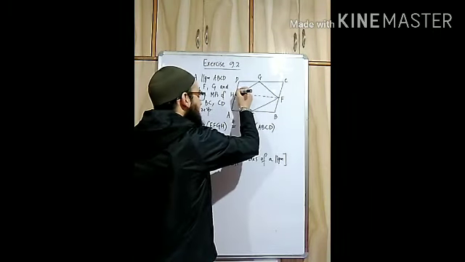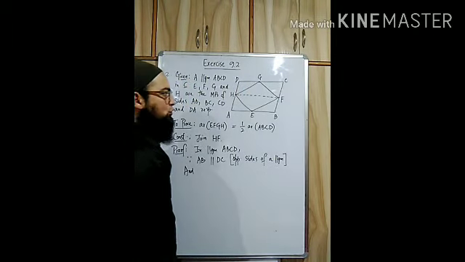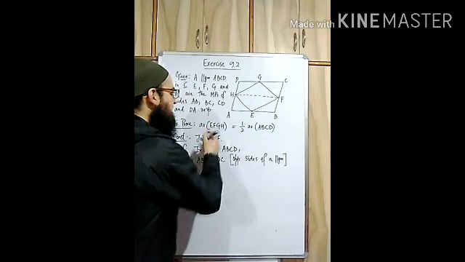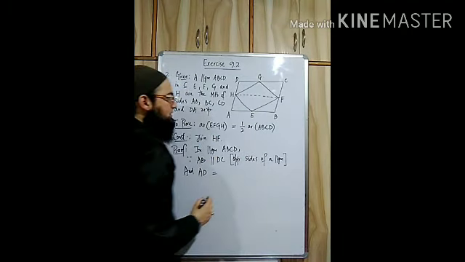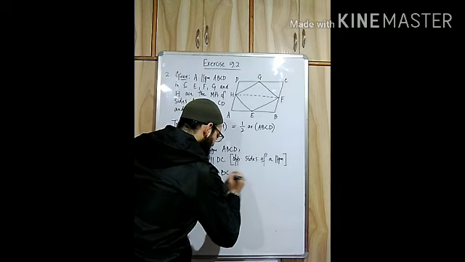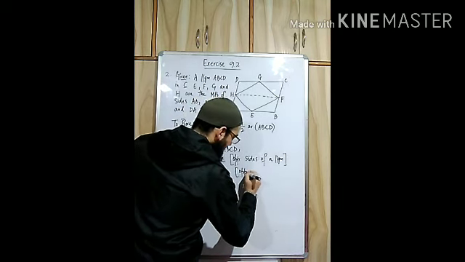I have one more thing: AD is parallel to BC, and AD is equal to BC. Same reason, opposite sides of a parallelogram.